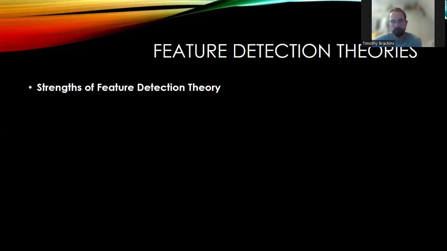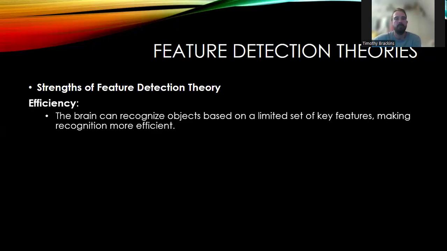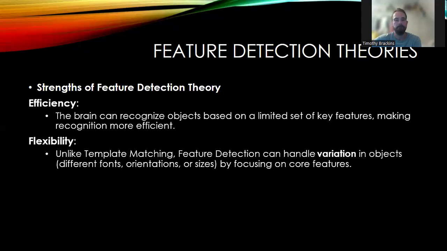So what are some of the strengths of feature detection theory? It's efficient. The brain can recognize objects based on a limited set of these key features, and it makes recognition more efficient. If we're not worrying about everything, if we're just looking at an object, picking out some key features, and then using those to build up the stimuli, it's more efficient than if we're using every single element of the object to identify it.